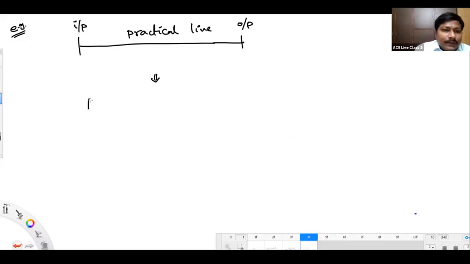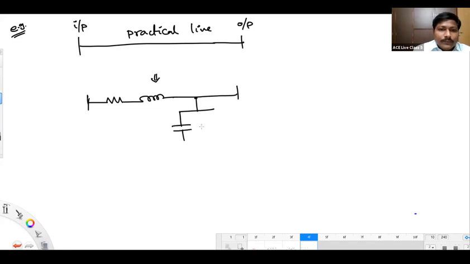So for this line, I am showing R, L in series and shunt C, G. Like this, you can see RLCG. This is the input side, which can also be called the sending end side.